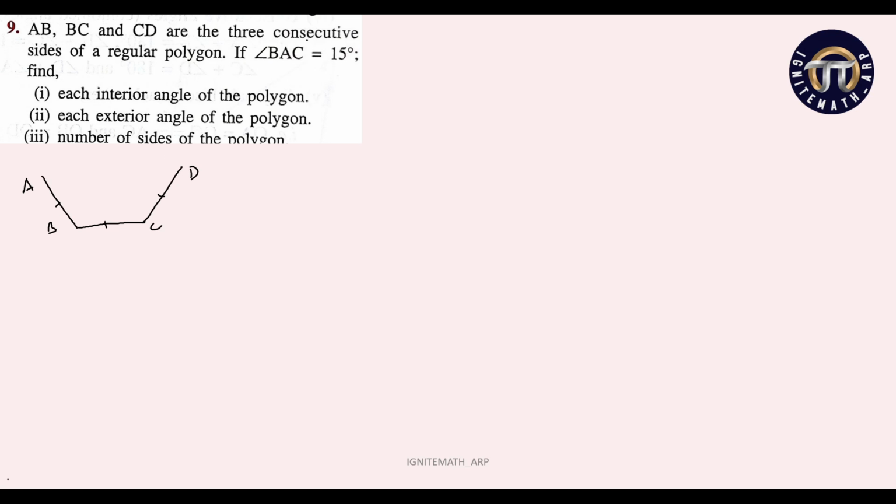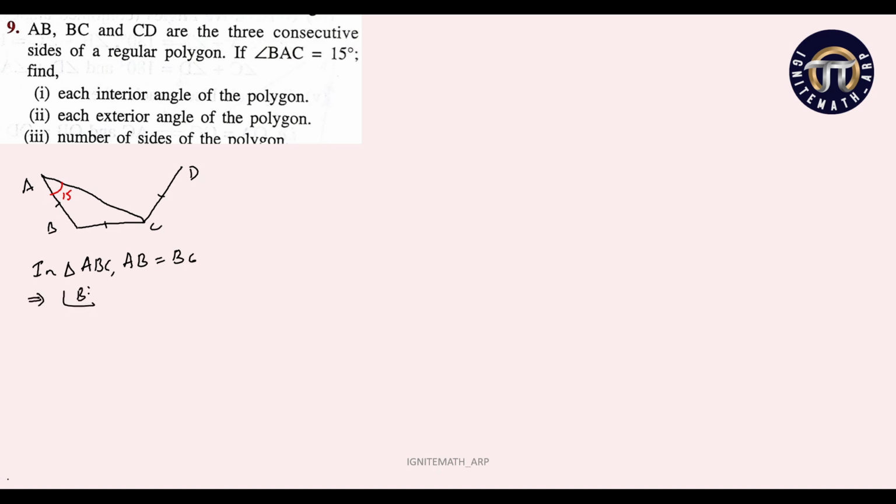Right. So 3 sides of a regular polygon. If BAC is equal to 15, BAC in the sense this angle. So this angle is equal to 15 degree. Then find out each interior angle, each exterior angle and number of sides of the polygon. Clear, children? So now in triangle ABC, I can say AB is equal to BC. Therefore triangle ABC becomes isosceles.